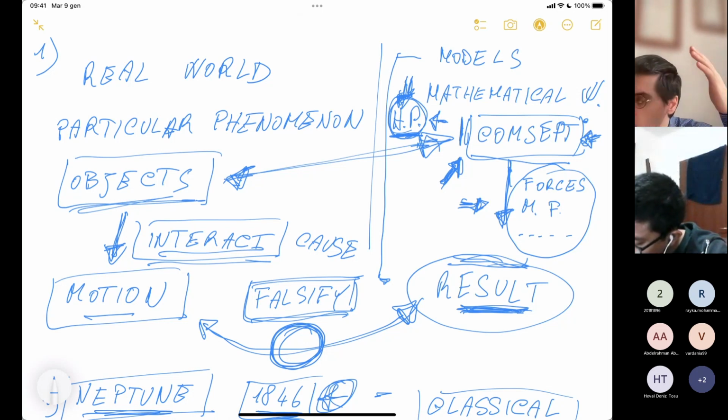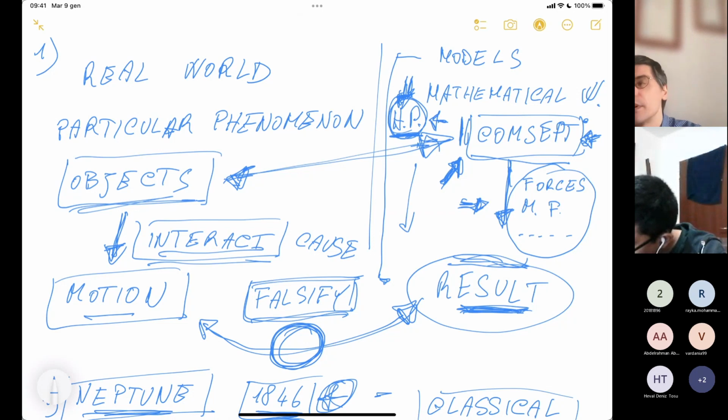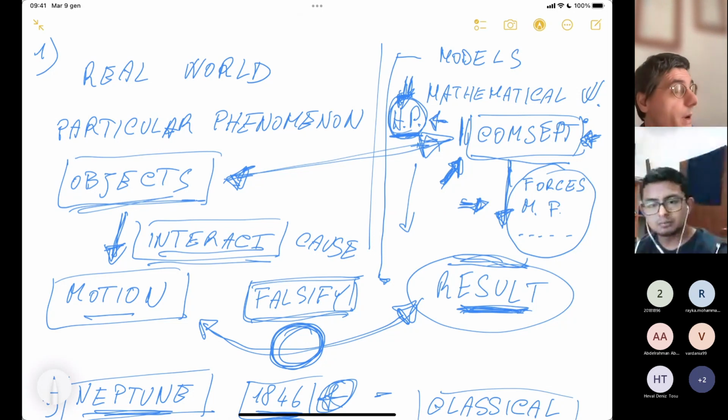So I always will make these steps in order to describe this model. So you will see always the same procedure. Of course, case by case, this procedure will be applied with different hypotheses, with some small difference here and there.